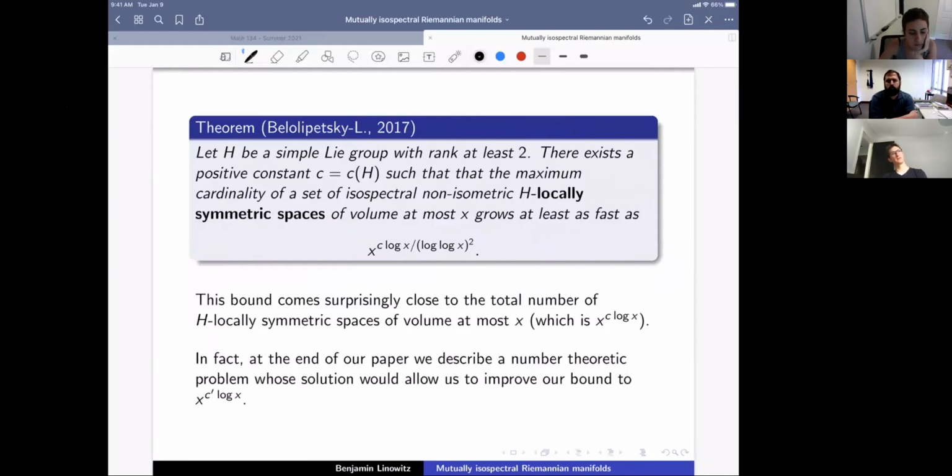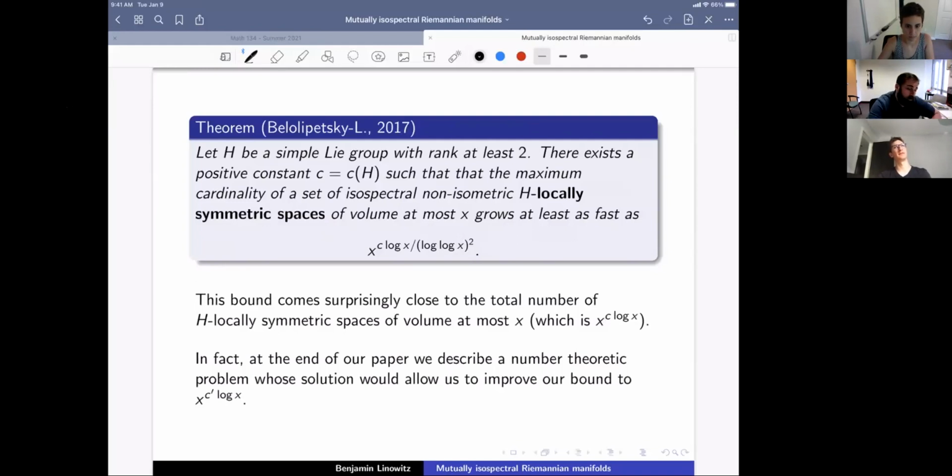One really interesting thing about this bound that we got is that it comes extremely close to the actual bound for the number of lattices, meaning there are approximately X to the C log X volume X H-locally symmetric spaces.